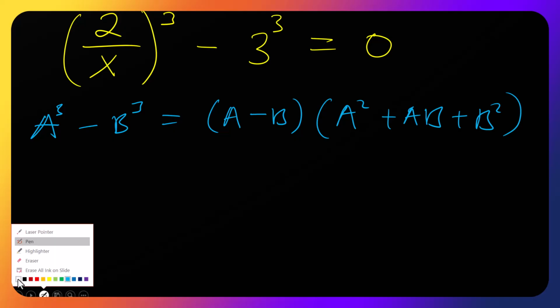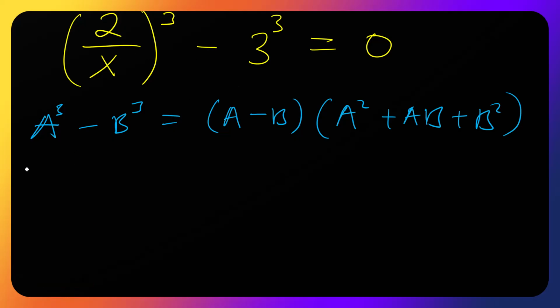All right, so let's compare this to the given equation. So my a is 2 on x and my b is 3, so that will be 2 on x minus 3.